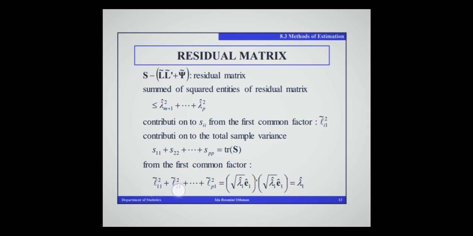L11 square, L21, ini untuk factor. Bila you tambahkan all the square of the factor loading untuk satu factor, you akan dapat eigenvalue untuk first factor. Okay, alright, that is the additional information.